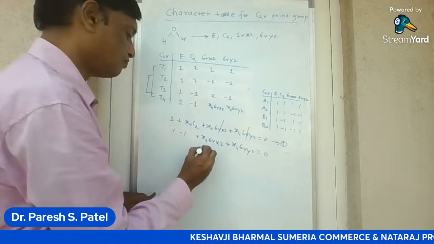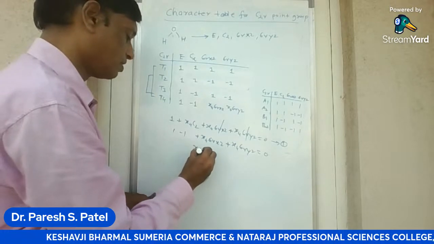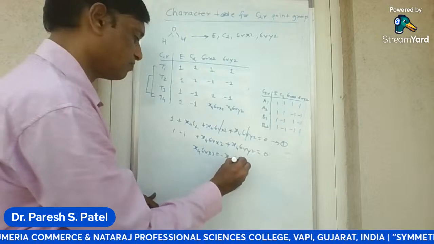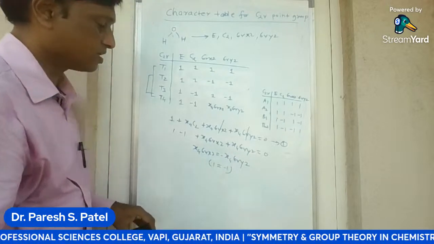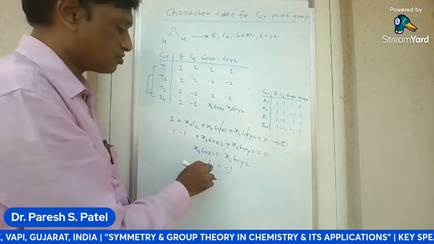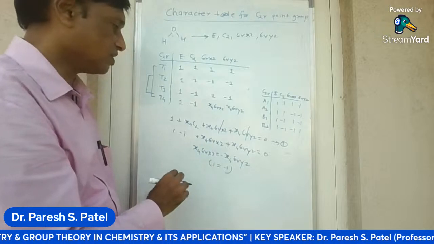It means character 4 sigma v xz is equal to minus character 4 sigma v yz. So if the value for sigma v xz is equal to plus 1, then character 4 sigma v yz should be minus 1. Okay.